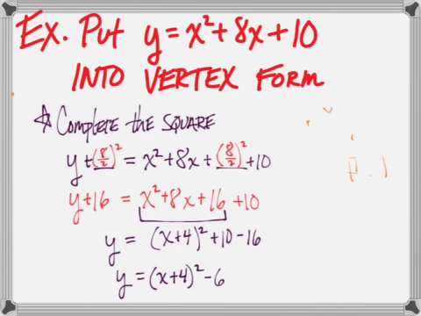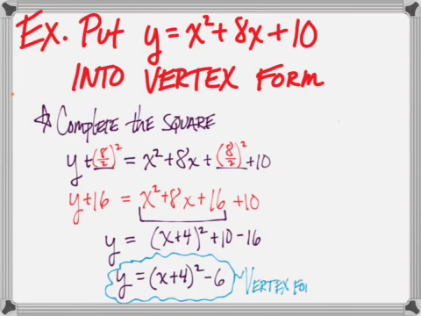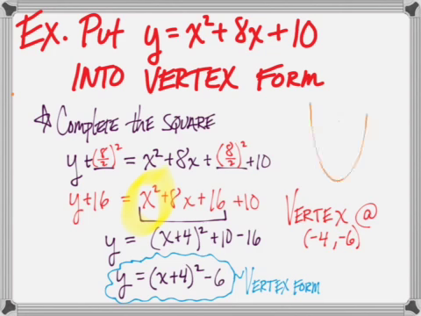So I have it in vertex form, which means that I can see from inspection that the vertex is going to be at negative 4, negative 6. If I was to graph it, I would have a vertex down at negative 4, negative 6, and I'm not sure yet if it'd be a maximum or a minimum, but if I notice that the coefficient in front of the x squared value is positive, I know that it's going to open up, and so I'm going to have a minimum value for my vertex.